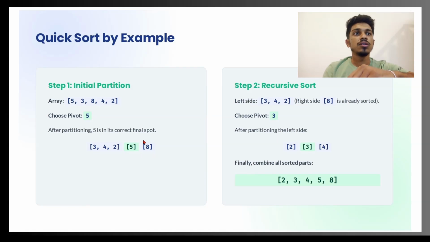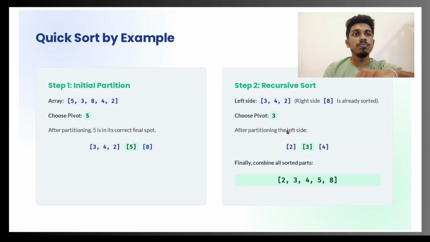We get 3, 4, 2, 5, 8. You can see 5 is now locked in its final position. Next, we recursively apply quicksort to the left part 3, 4, 2 and the right part 8. The right part has one element, so it is already sorted.